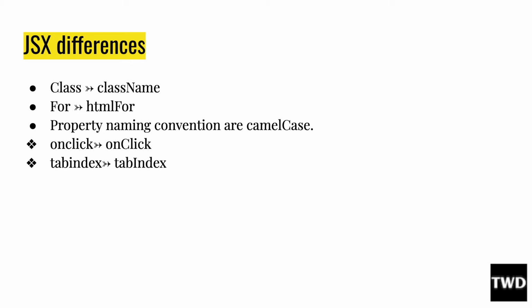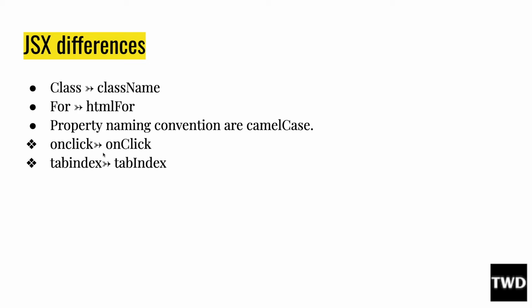That for also cannot be used in React. Whenever there is a for, we have to use htmlFor, like this. And the property naming conventions are in camel case. So what is camel case? We're soon going to see that with onClick, which we have in JavaScript.